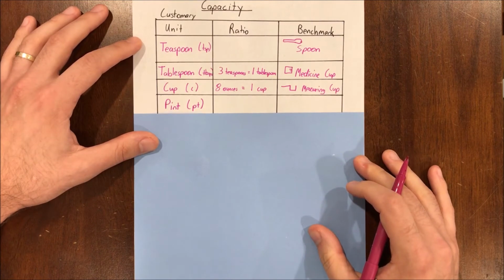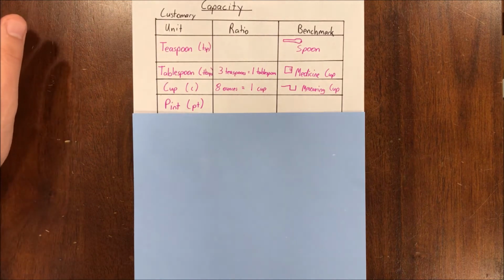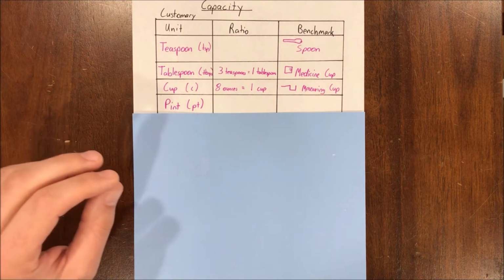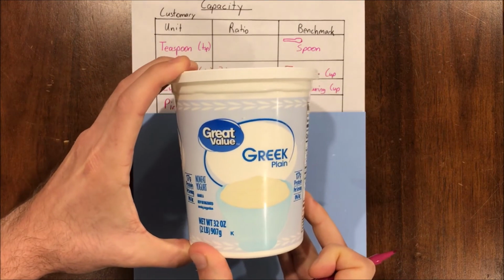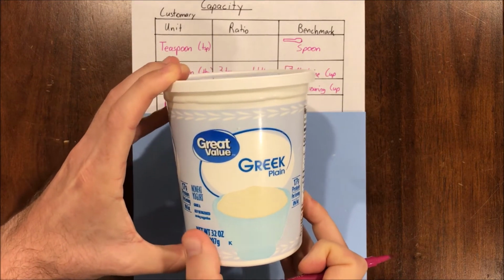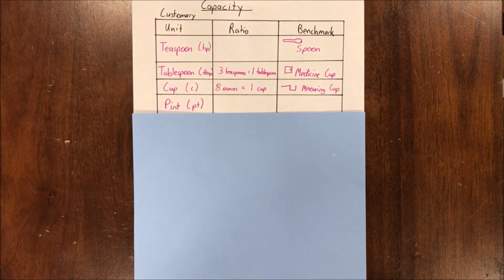Great. So our next unit is interesting. It's a pint. And when we think of a pint, we can think of a small ice cream container. I don't have ice cream because, health food, but I have this container of Greek yogurt. And this is also about a pint. But let's pretend it's ice cream. That's more fun.